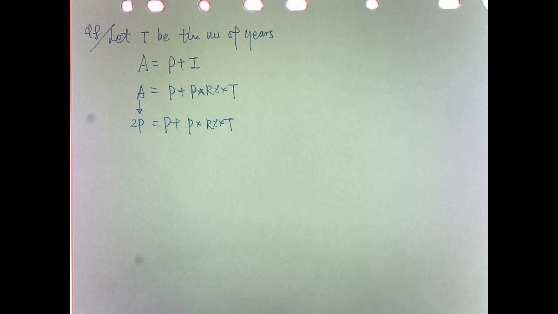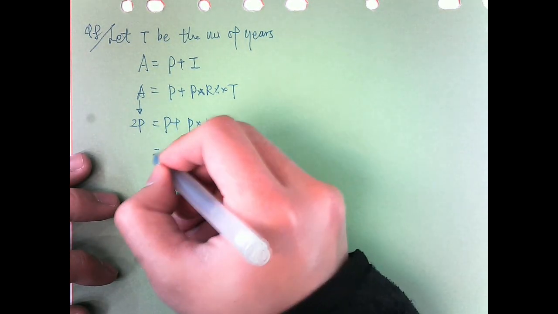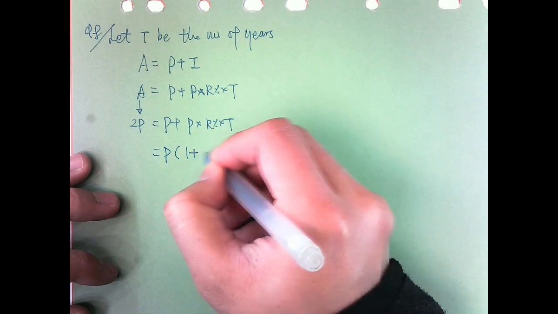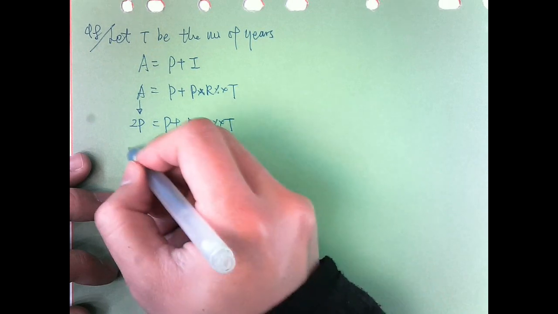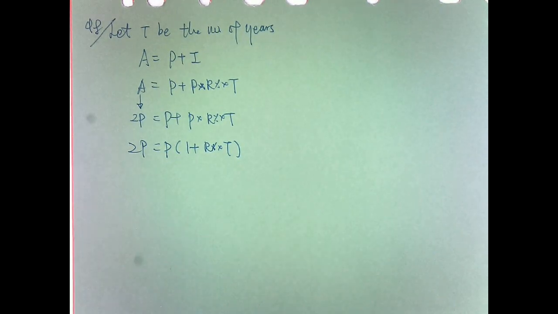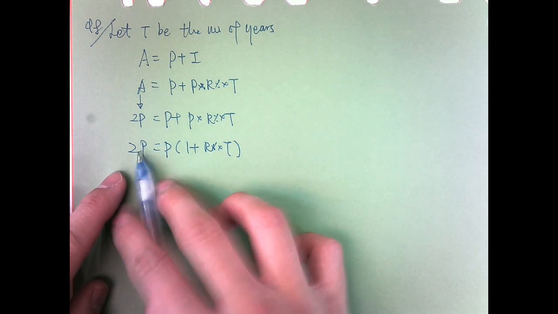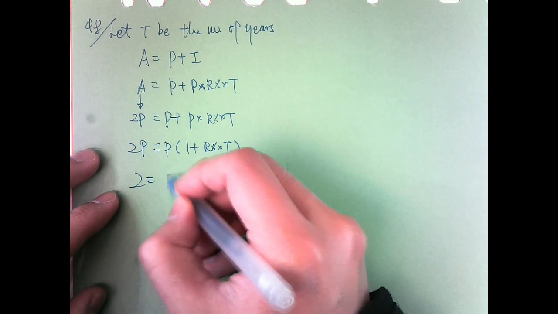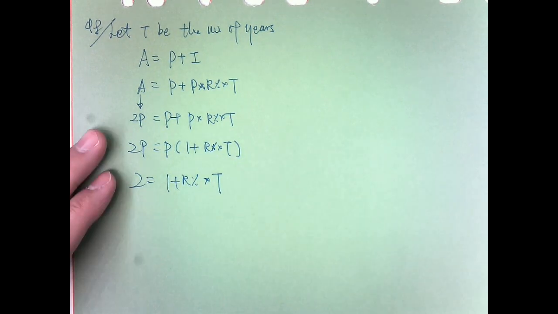Okay? So at this stage, what can I plug in? But you can do some very simple factorizing here. So here you can divide both sides by P. Cancel the P. Understand?